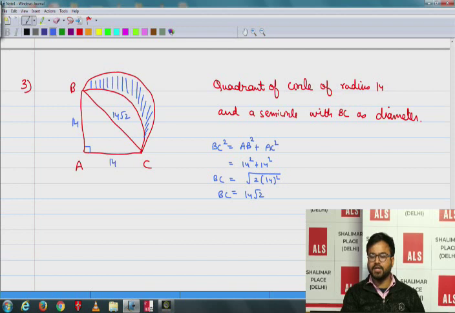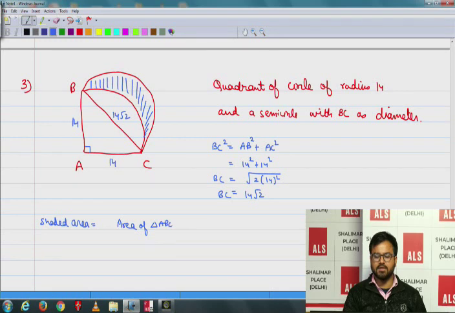Now, to get the area of the shaded region, we have to find the area of this triangle ABC. So shaded region area is equal to area of triangle ABC plus area of semicircle with BC as diameter.